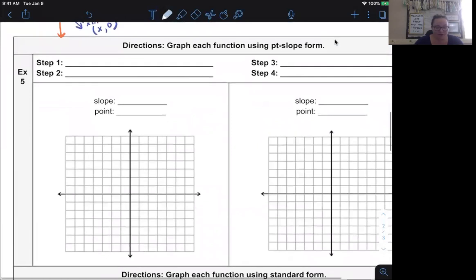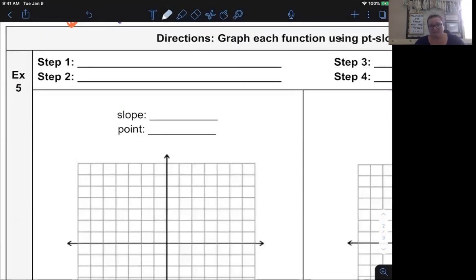So now let's move on and learn how to graph using point-slope form. To make our lives easier when we graph using point-slope form, we have 4 easy steps that we can follow. Step 1 is you're going to want to identify the slope and point.